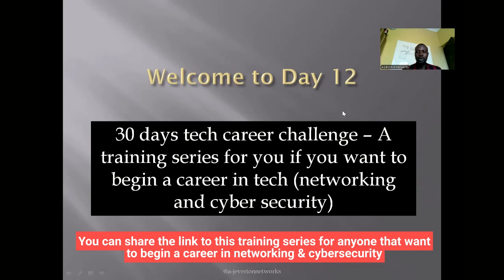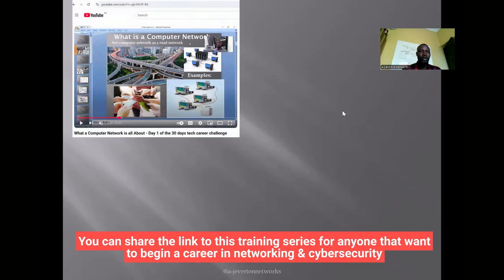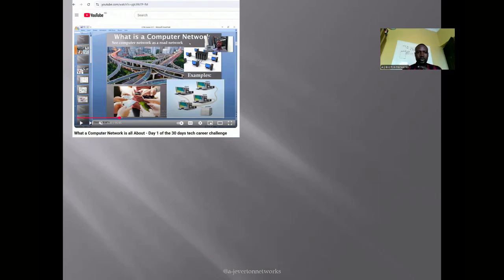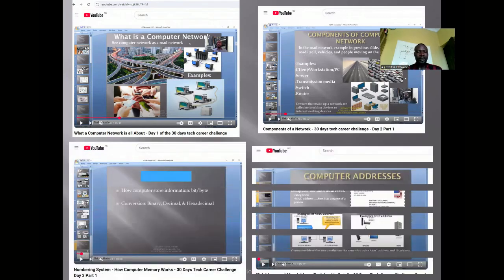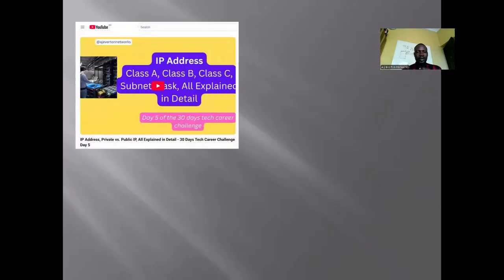DHCP. So far, if you are following us, we have covered the one where we talk about what a network is. This is day 2, where we talk about components of the network. We have covered day 3, day 4, day 5, talking about IP address, private IP address, and all of that.